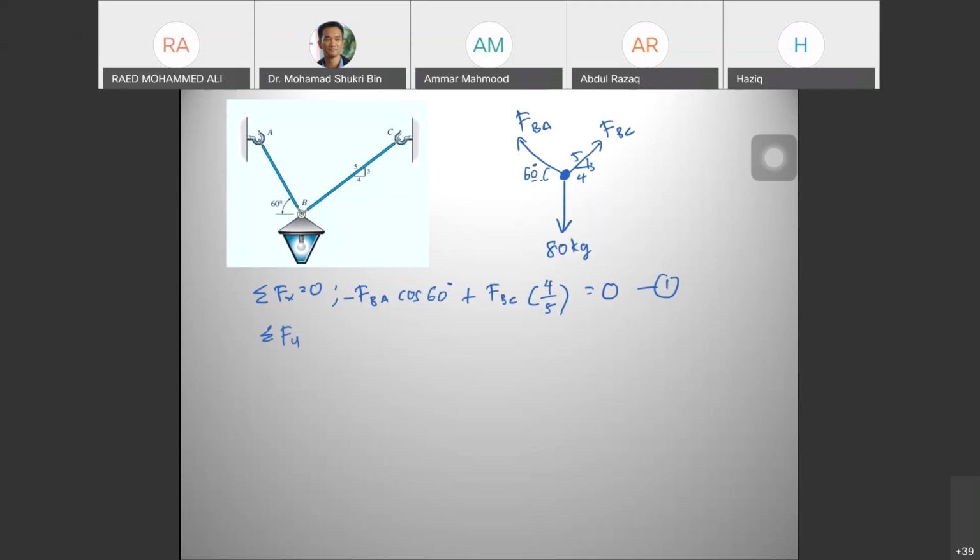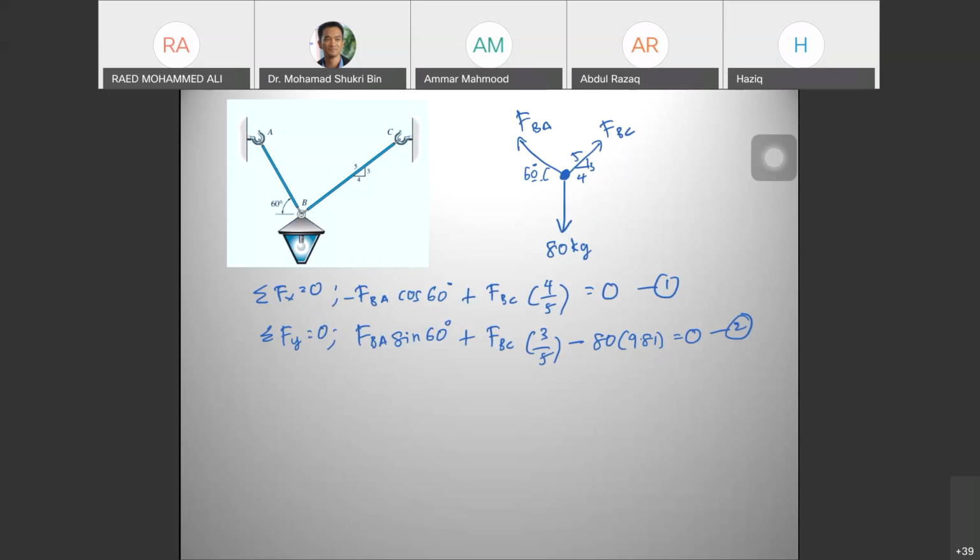And summation of Fy is equal to 0. We have FBA sine 60 degree plus FBC times 3/5 minus 80 times 9.81 in Newton is equal to 0. Use your calculator to solve this simultaneous equation.